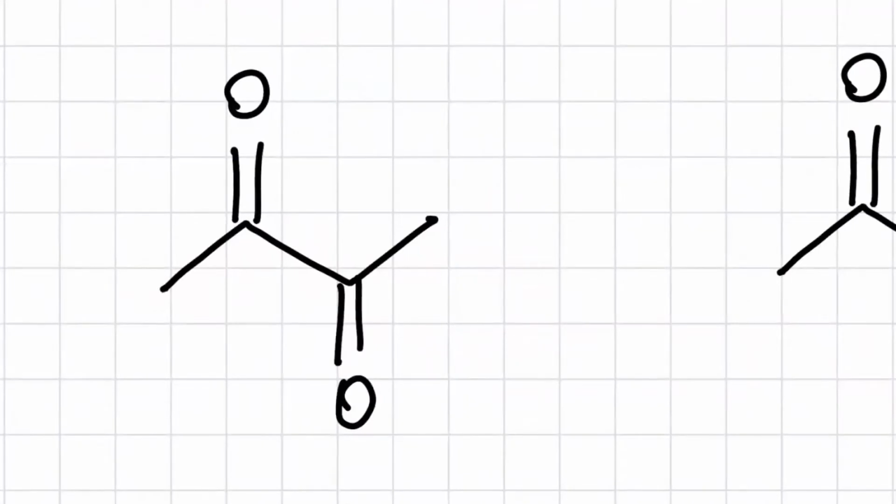So on this one, there's one resonance structure we can do, remembering that we have those electrons here. So we know that we can do this. The oxygen can withdraw all the electrons towards it, right?